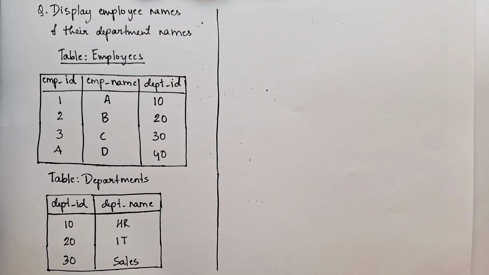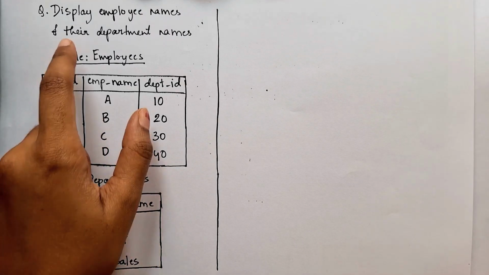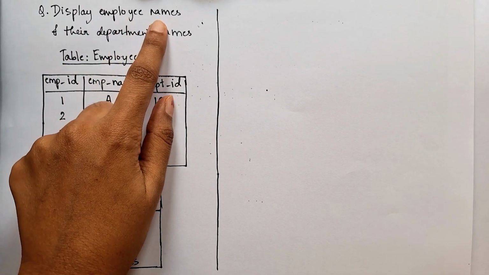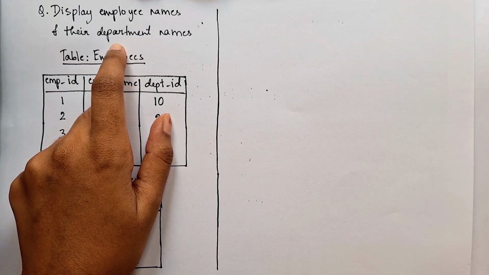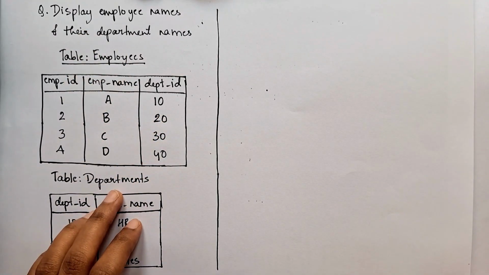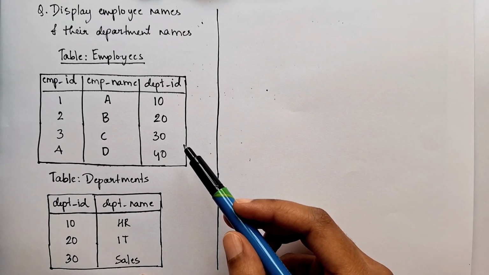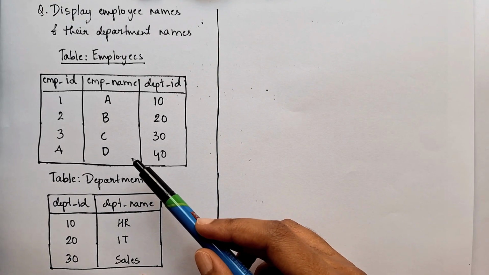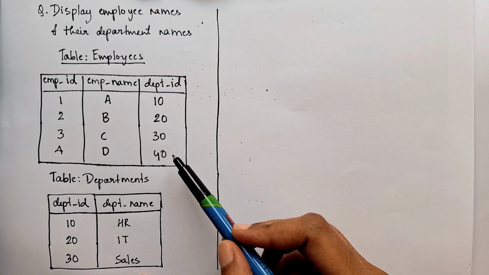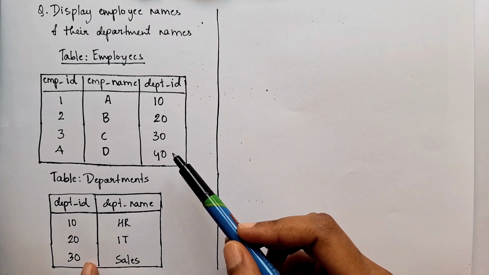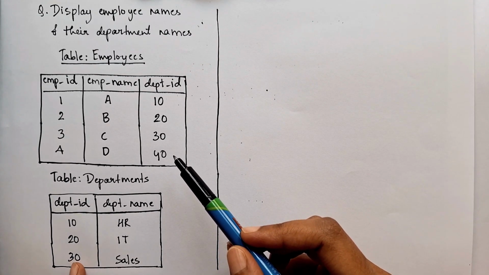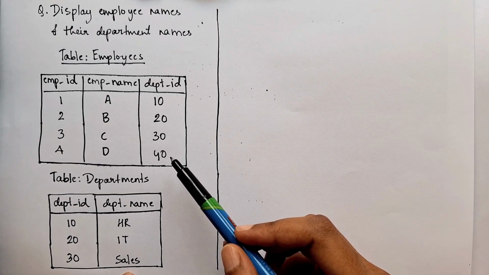Now let's solve a real example using inner join. First, the question is display employee names and their department names. And we have two tables, employees and departments. The employee table contains employee ID, employee name and department ID, and the departments table contains department ID and department name.